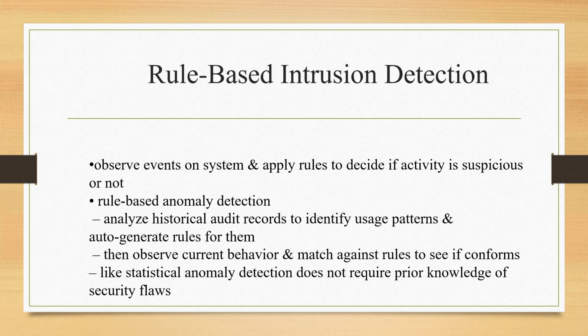Rules may represent past behavior patterns of users, programs, privileges, time slots, terminals, and so on. Current behavior is then observed and each transaction is matched against a set of rules to determine if it conforms to any historically observed pattern of behavior.